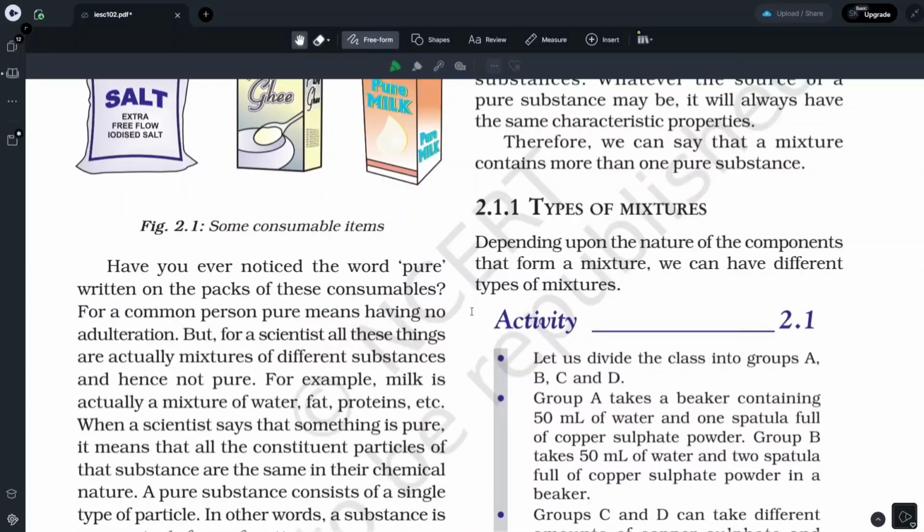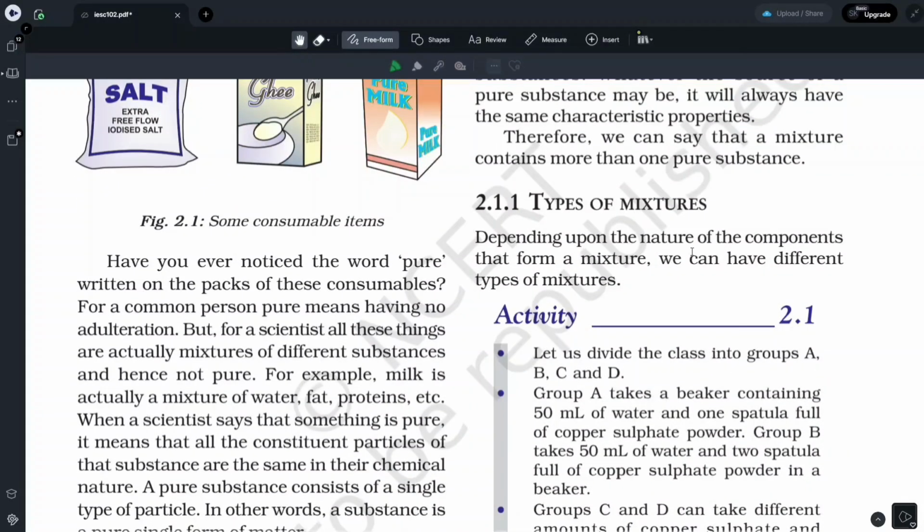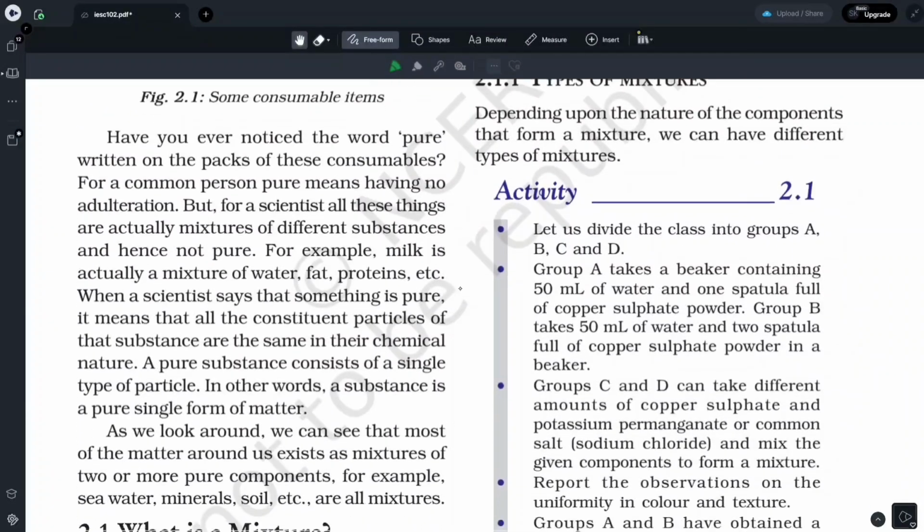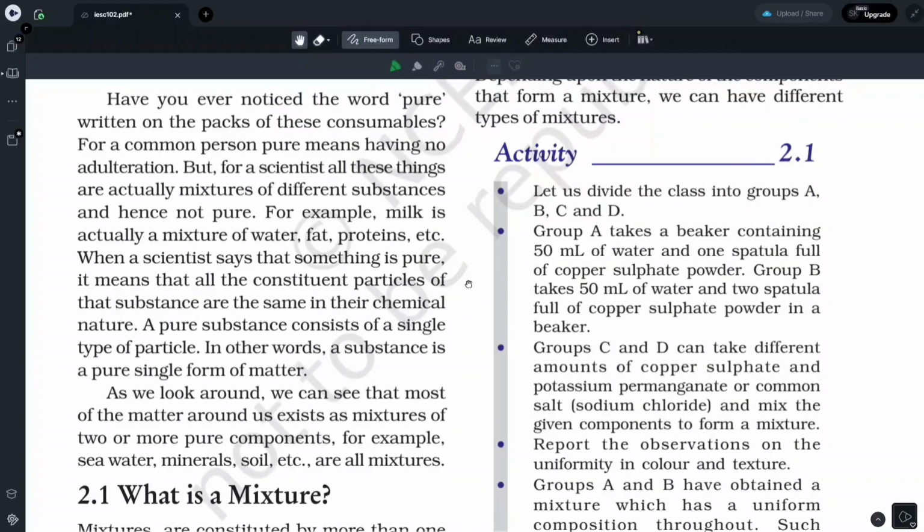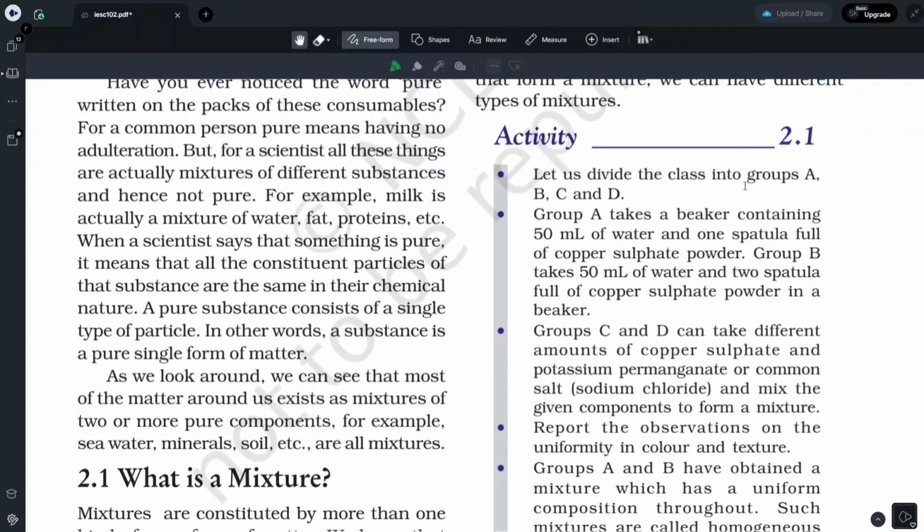Now, the types of mixtures. Depending upon the nature of components that form a mixture, we can have different types of mixtures. Let us discuss activity 2.1. Let us divide the class into groups A, B, C and D. Group A takes a beaker containing 50 ml of water and one spatula full of copper sulfate powder.